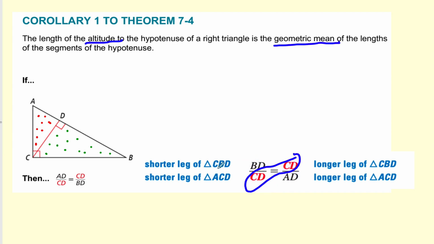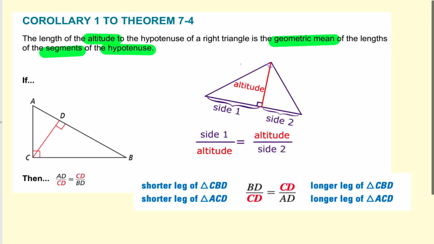Instead of calling them shorter leg and longer leg, we're going to refer to them as side and side. So the theorem is going to be really using these words. Instead of saying shorter leg and longer leg, we're going to say altitude is the geometric mean between the lengths of the side 1 and side 2.